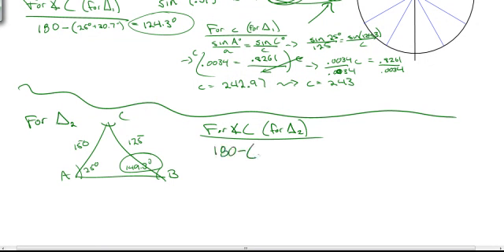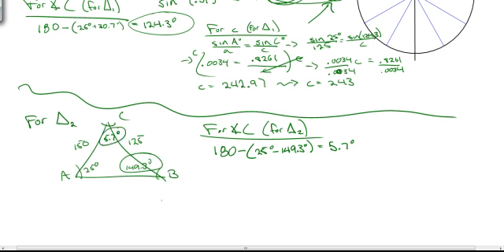It'd be nice if trig were like this all the time. I'm going to have 180 degrees minus the sum of 25 degrees and 149.3 degrees. And when I calculate that out, that gives me a difference of 5.7 degrees. That means that angle C can be 5.7 degrees in the other case.